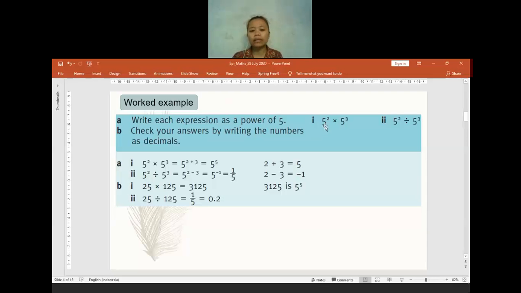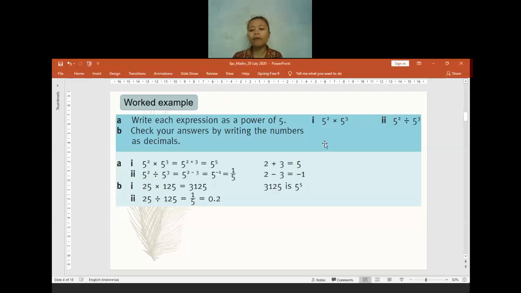This is for the example; we are going to find the indices using the base of 5. Example 1, 5 to the power of 2 times 5 to the power of 3. This is multiplication with the same base, so we can directly add the power. 2 plus 3 equals 5. So the final answer will be 5 to the power of 5.